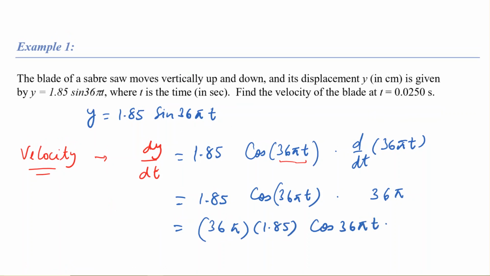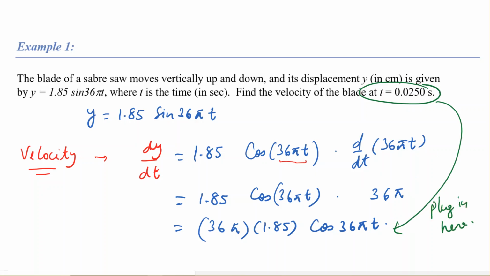But our goal is to find the velocity when time is 0.025. So we're just going to plug in the value of t here.